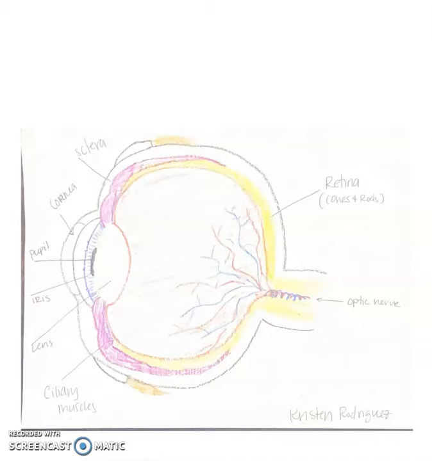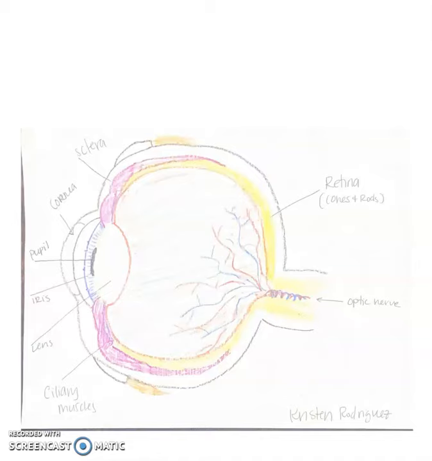Peripheral vision and night vision are affected due to the damaged rods, and the loss of color perception and central vision depend on the damage to the cones. Treatments for RP include gene therapy, stem cell therapy, and visual prosthetics.